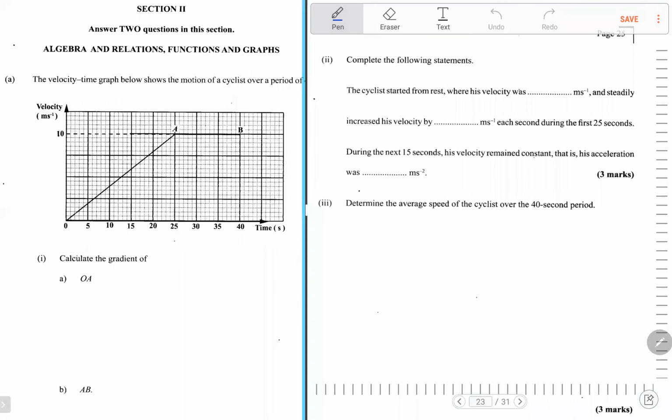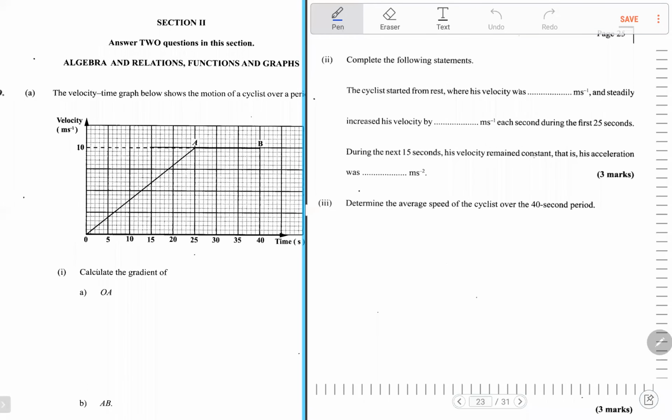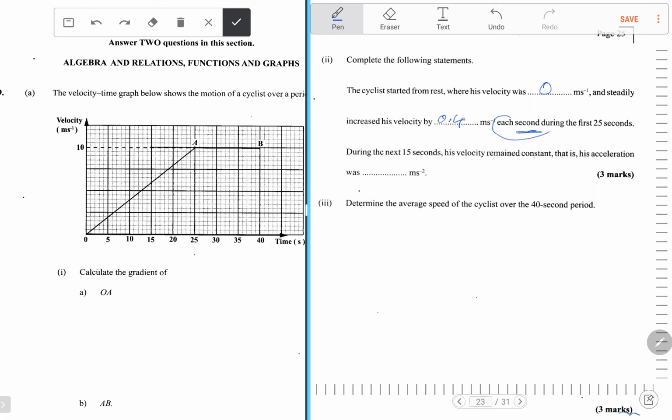It started from rest where the speed was 0 meters per second, and increased its speed at the rate of acceleration, which is 0.4 meters per second per second. So each second, that's the acceleration I'm talking about.